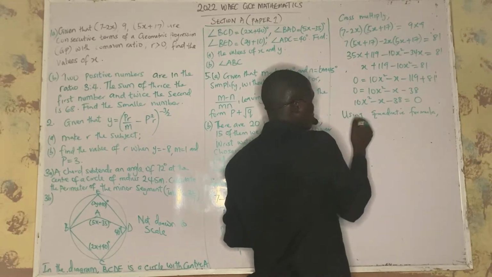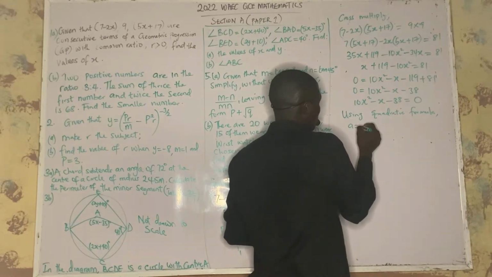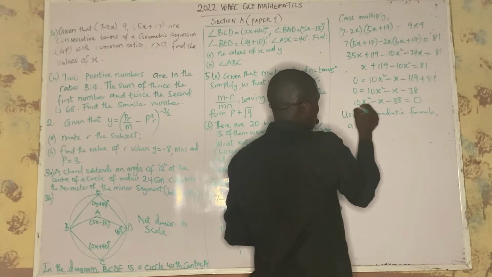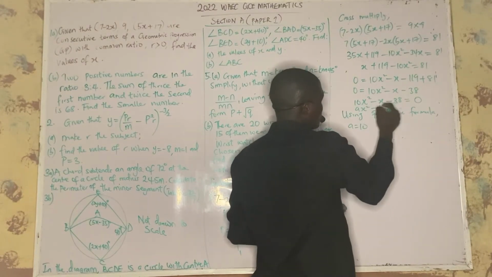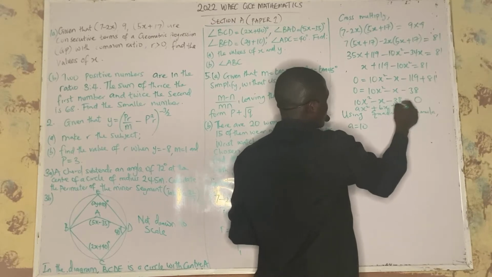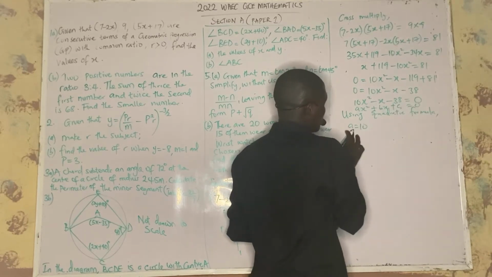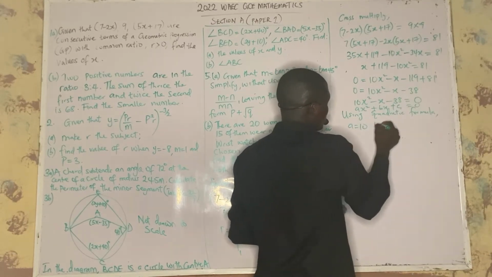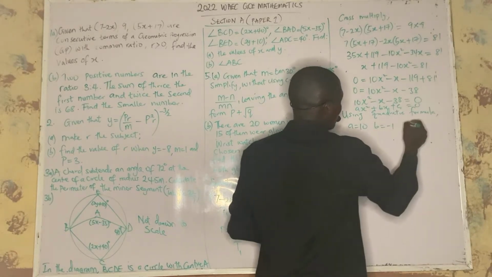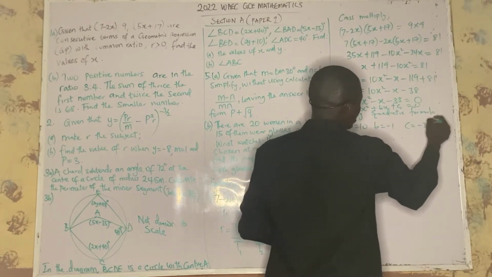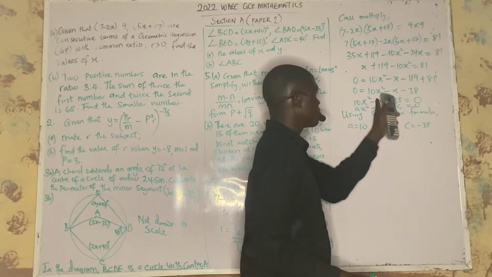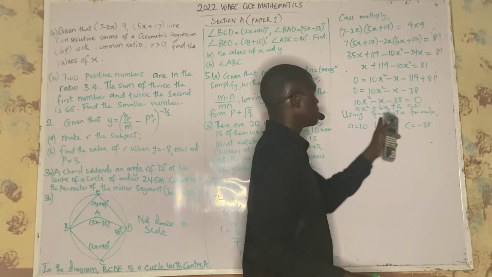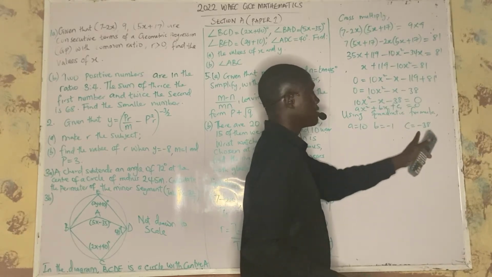So from the quadratic formula we have a equal to 10. Using the quadratic formula, ax squared plus bx plus c equal to 0. So comparing this, a is equal to 10, b is equal to minus 1, and c is equal to minus 38.